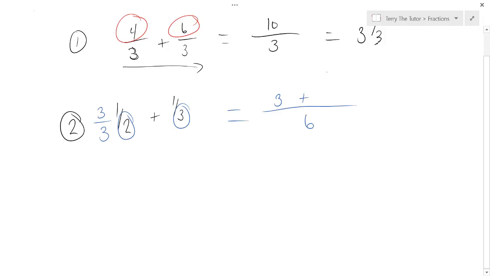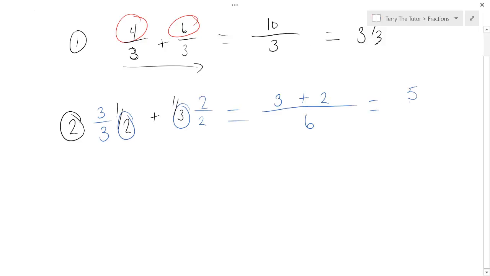Plus, let's see, what do I multiply 3 by to get 6? Well, we're going to follow the same process. I multiply 3 by 2. We just did that to get 6. So I'm going to multiply the denominator by 2 and the numerator by 2. So I've got 3 plus 2, all over 6. What is 3 plus 2?